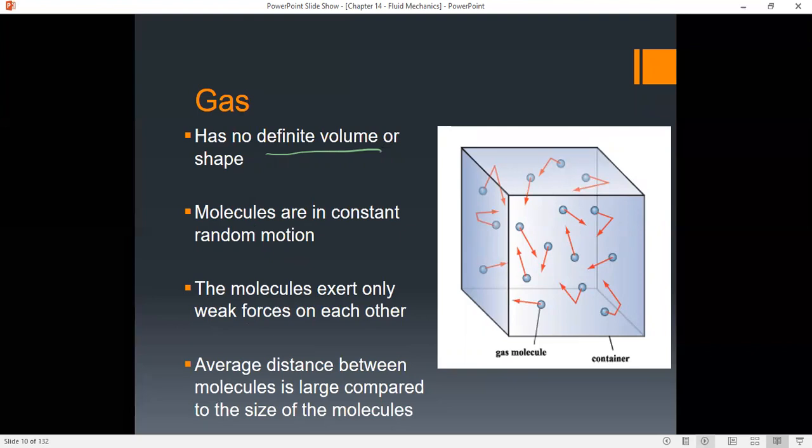It's a much lower density material than our liquid, and the molecules interact less frequently. With the liquid molecules, they're constantly sliding past one another, so they're almost always in contact with a neighbor. With a gas, it's actually less frequent. Most gases, the molecules rarely interact with one another.